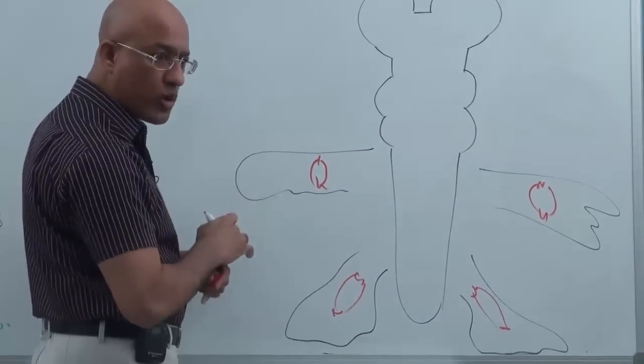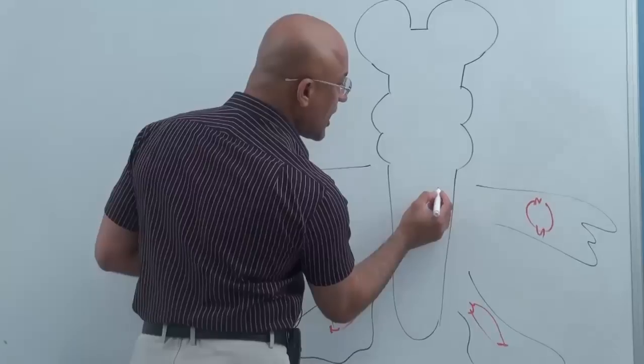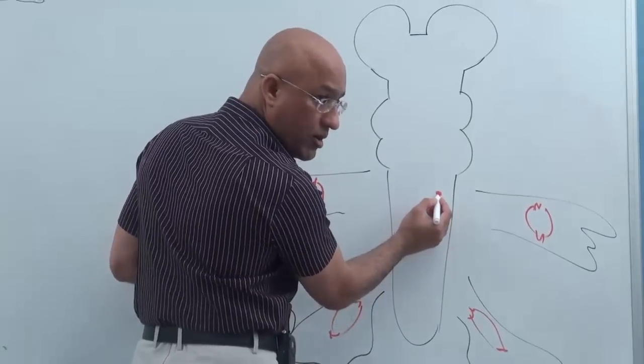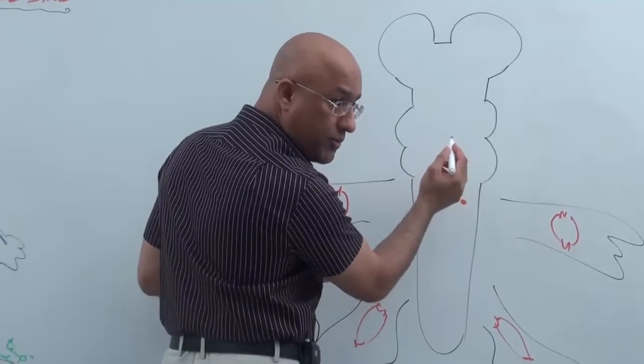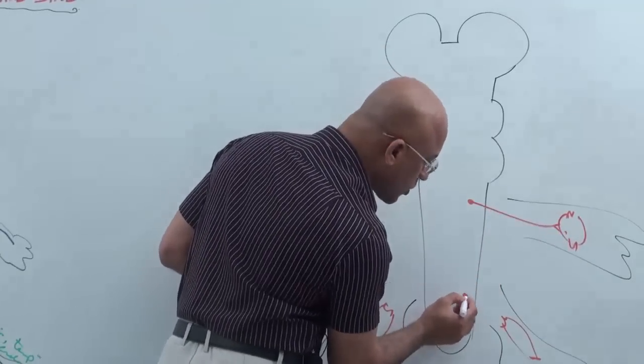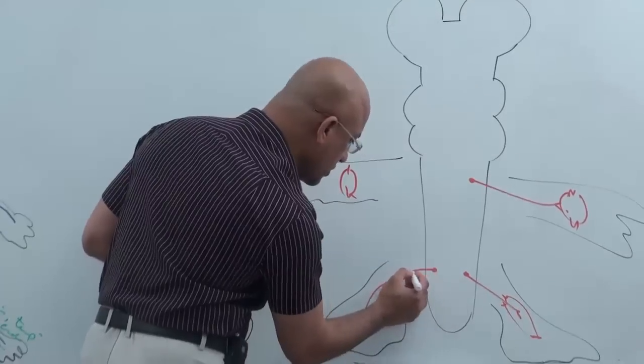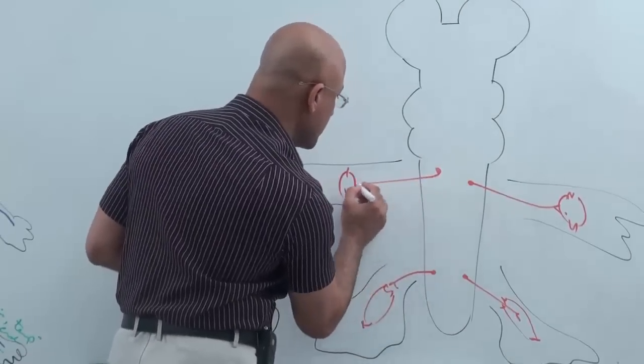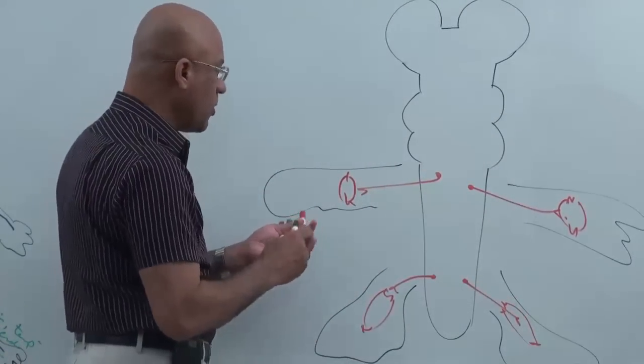Now, lower motor neurons are those neurons which start from the spinal cord or motor nuclei of brainstem and directly innervate the muscle at neuromuscular junction. So these are lower motor neurons. Is that right?